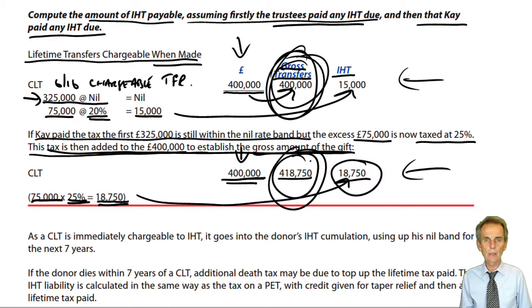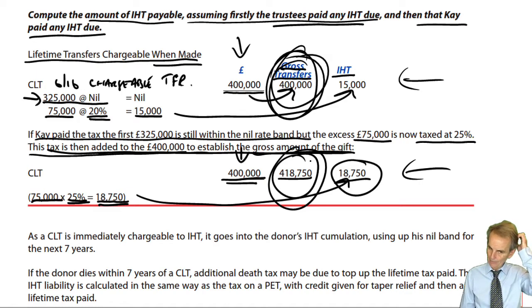Therefore, you add to it the amount of tax charge thereon to give you the gross transfer. The idea here of that excess above 325, tax at 20% if it's gross, tax at 25% if net, is the simple and easy basis of doing it.